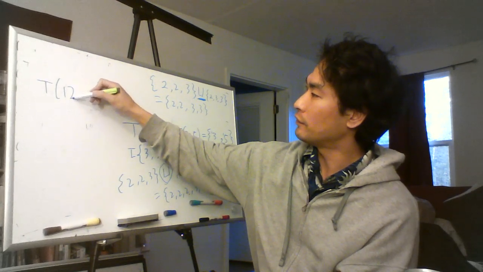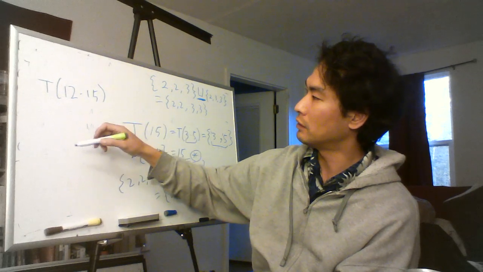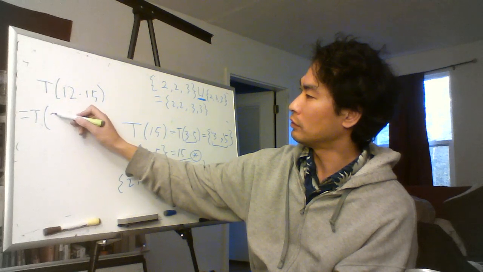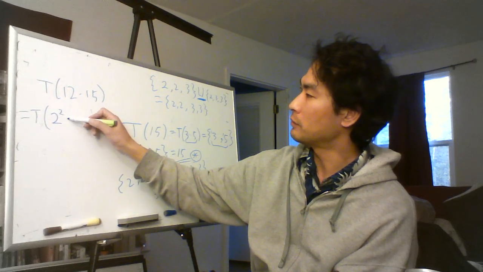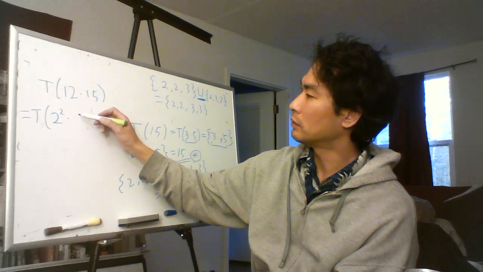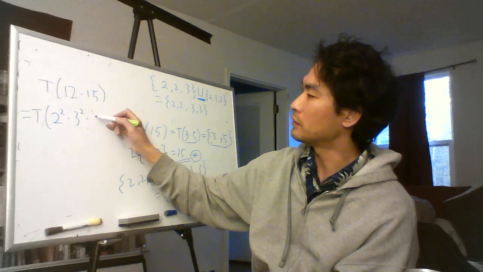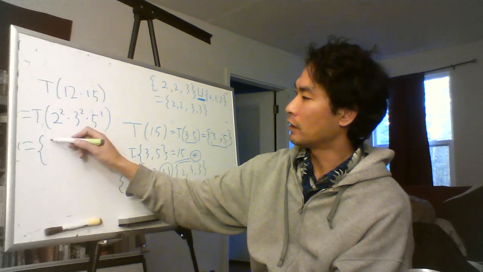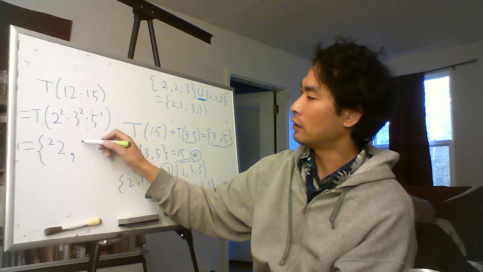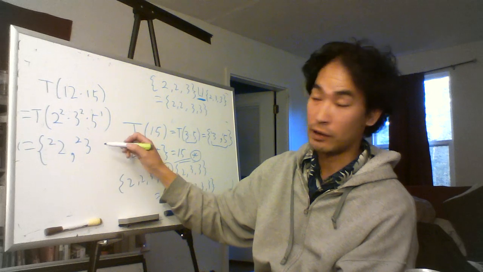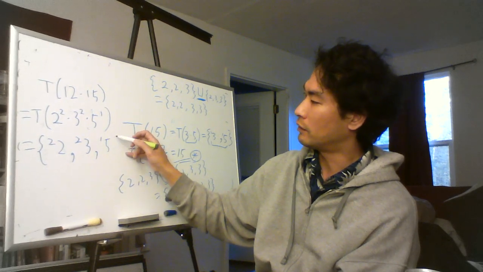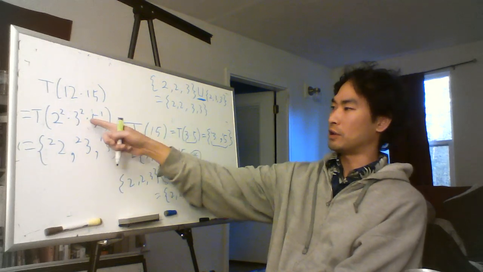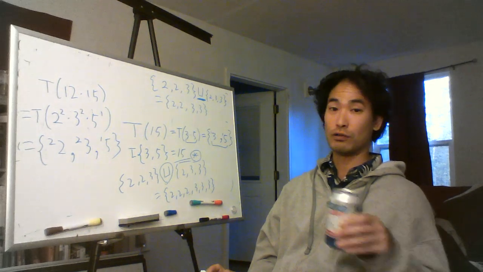T of 12 times 15 is equal to what? T of 2 to the second times 3 to the second times 5 to the first, which is equal to two twos, two threes, like 3 comma 3, comma 1 5. Yeah, it's just the right shoulder becomes the left shoulder and dot becomes comma. It's a really cool function.